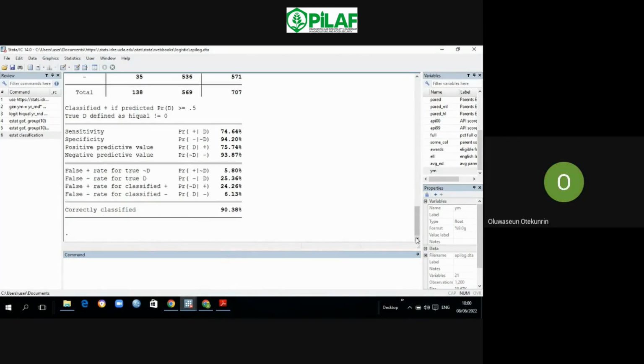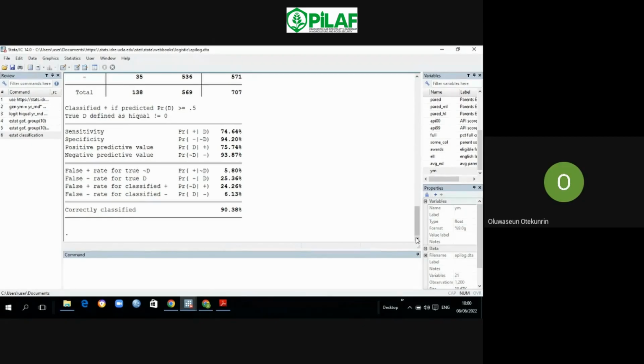Based on this, if you have to interpret, most times you talk about sensitivity and specificity. But if it's a medical research, maybe epidemiology, you may be asked to supply more information about the positive predictive value and the negative predictive value. But generally speaking, the sensitivity, the specificity, and the overall classification here is 90.38.